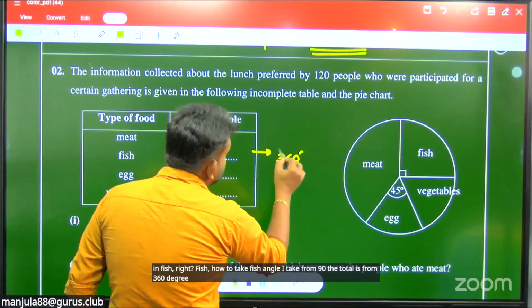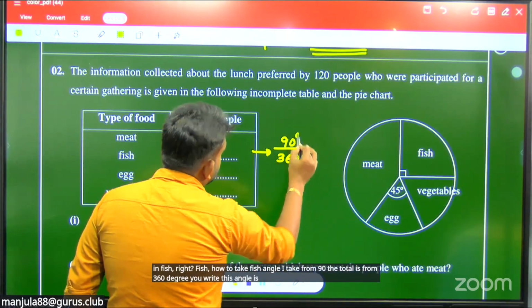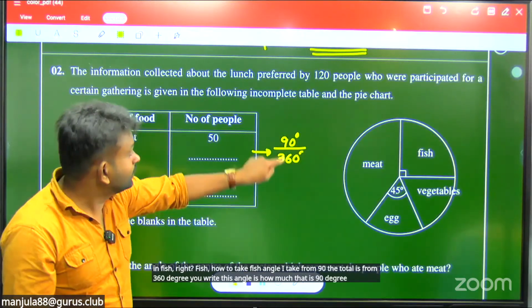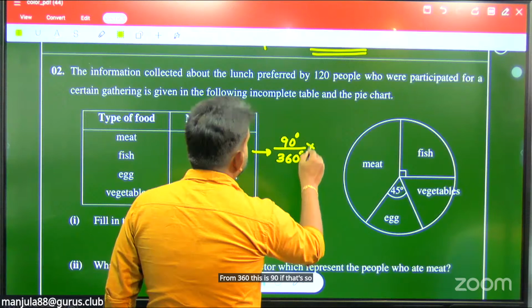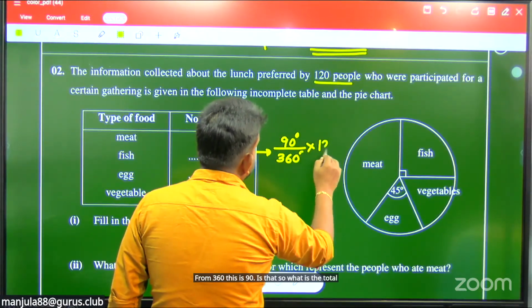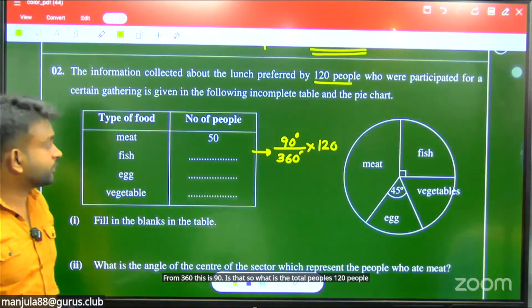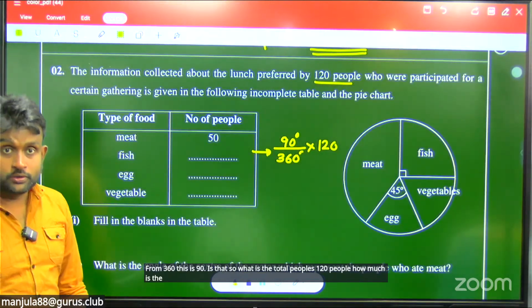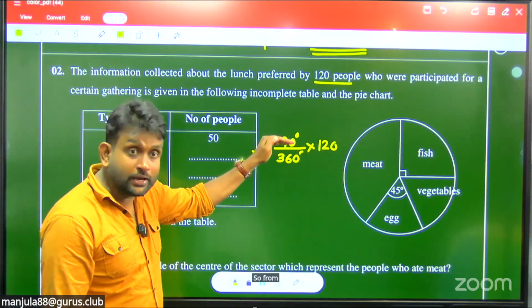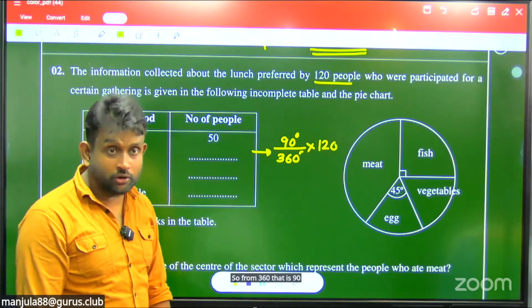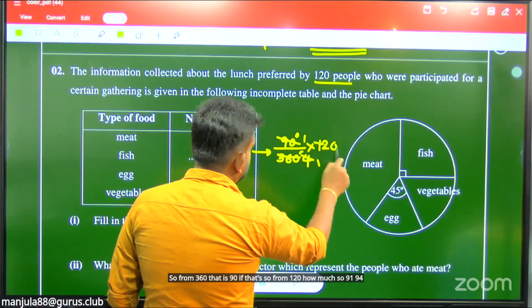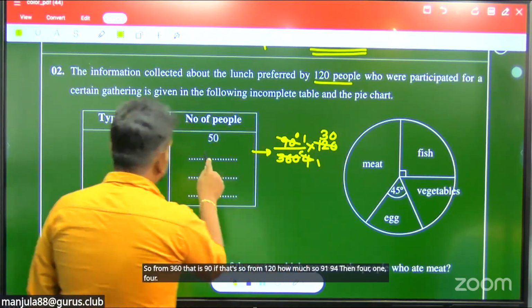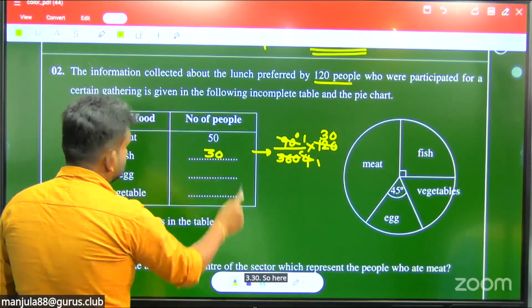This angle is 90 degrees out of 360. If that's so, the total people are 120. How many eat fish? From 360, that is 90. If that's so, from 120, how much? That gives 30. So here fish eating is 30.